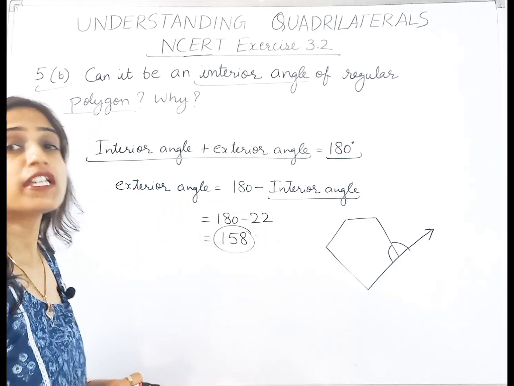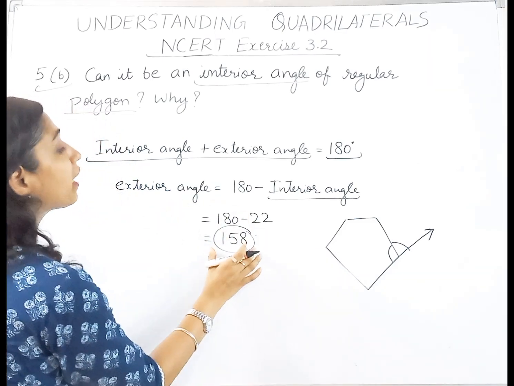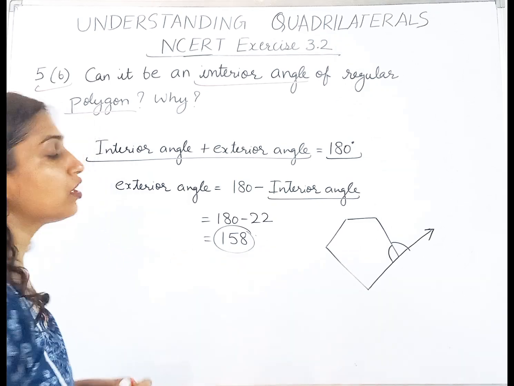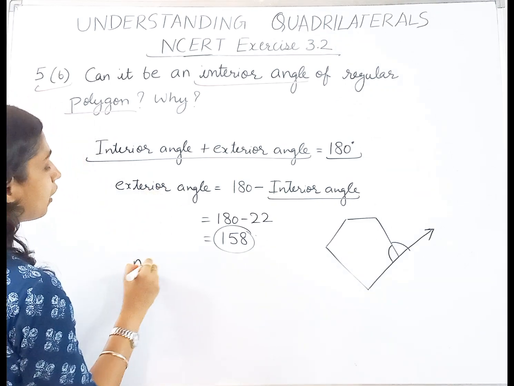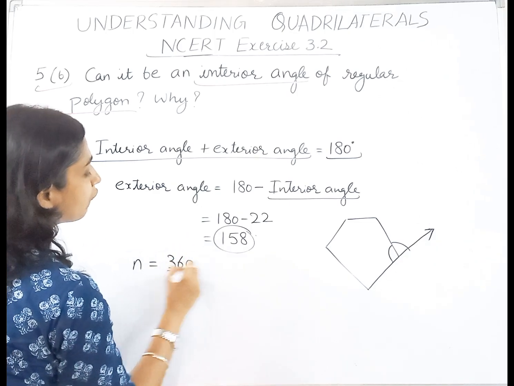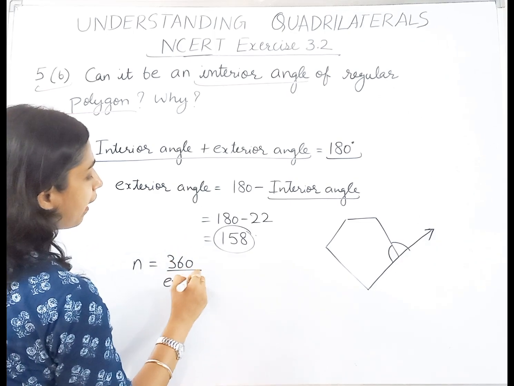So now, is it possible to have an exterior angle of 158 degrees for a regular polygon? We can check it by putting the value in this formula: 360 divided by the exterior angle.